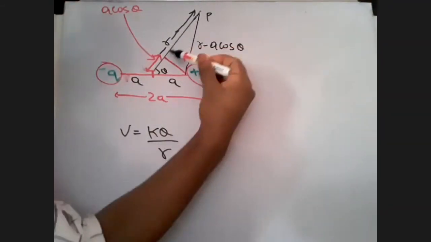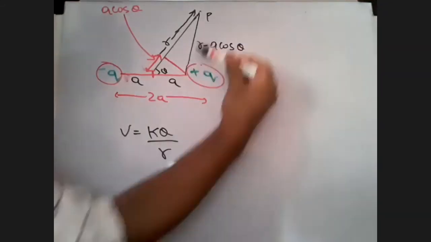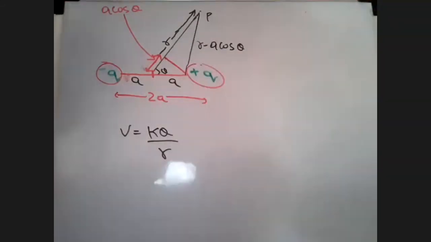This black line will be equal to R minus A cos theta. Is that understood? Everyone?